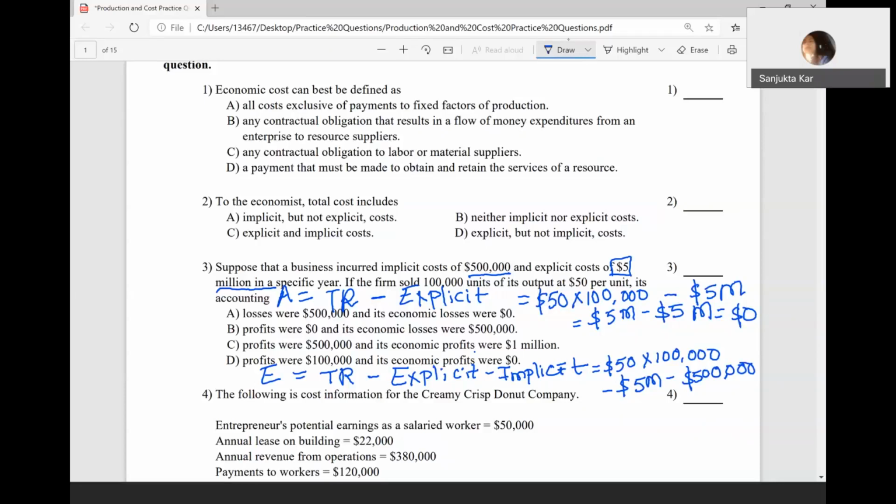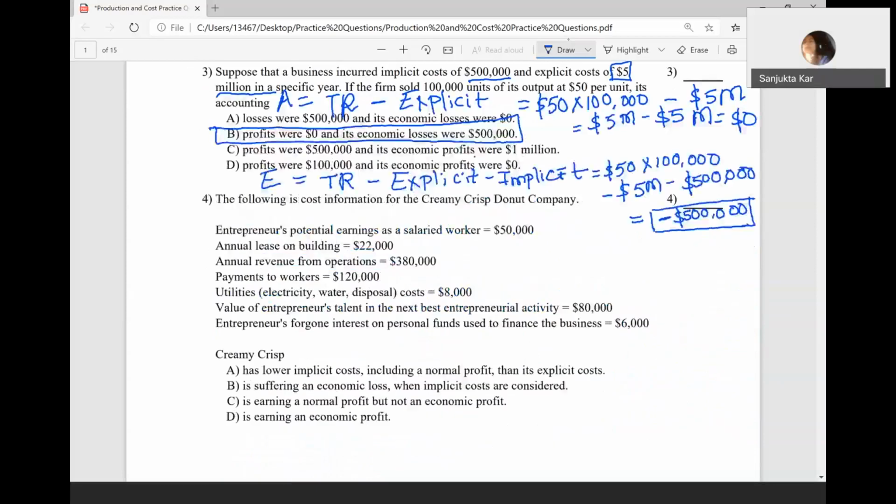So I'm left with an economic profit of negative 500,000. So my economic loss is 500,000. So this is going to be the answer choice for question number 3. Now I'm going to go to the next one, and we need our calculators to do this question.